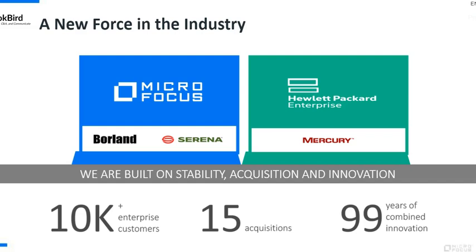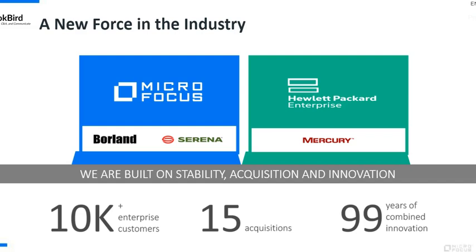We have over 10,000 enterprise customers, and most of the Fortune 100 use our software and our solutions to release and manage their software lifecycle. Multiple acquisitions, a lot of IP, and really a lot of knowledge specific to delivering software. That's a little bit about Micro Focus.